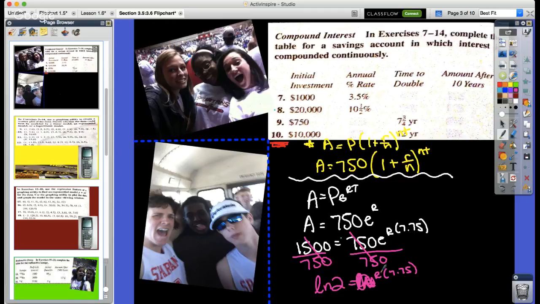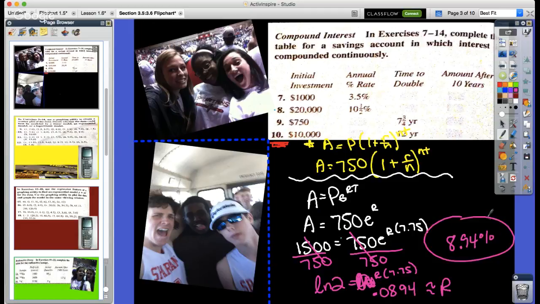Then the ln of 2, doing this on my calculator, ln of 2, and then I'm going to divide that by 7.75, and when I do that, I get r is equal to approximately 0.0894, or we say 8.94%.